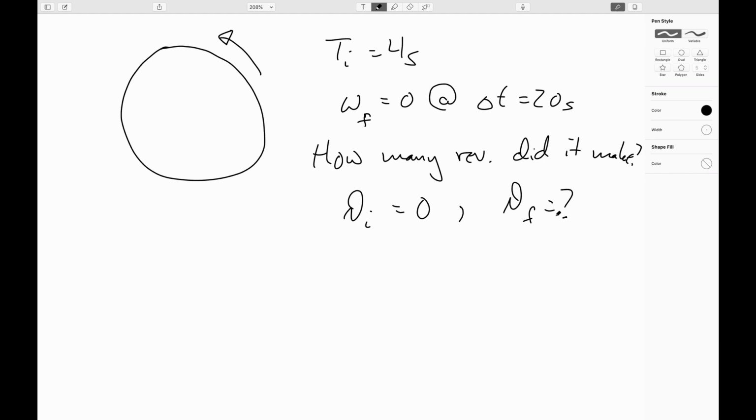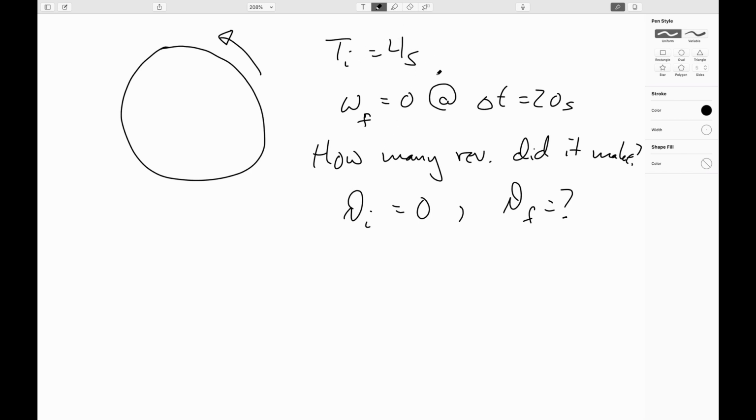So at first you might think, well, let's see, we're being asked for the final position, cool, and we're given the time. Oh crap, it looks like we're short two variables. We weren't given the angular acceleration, and we don't seem to be given an initial velocity, except we are.